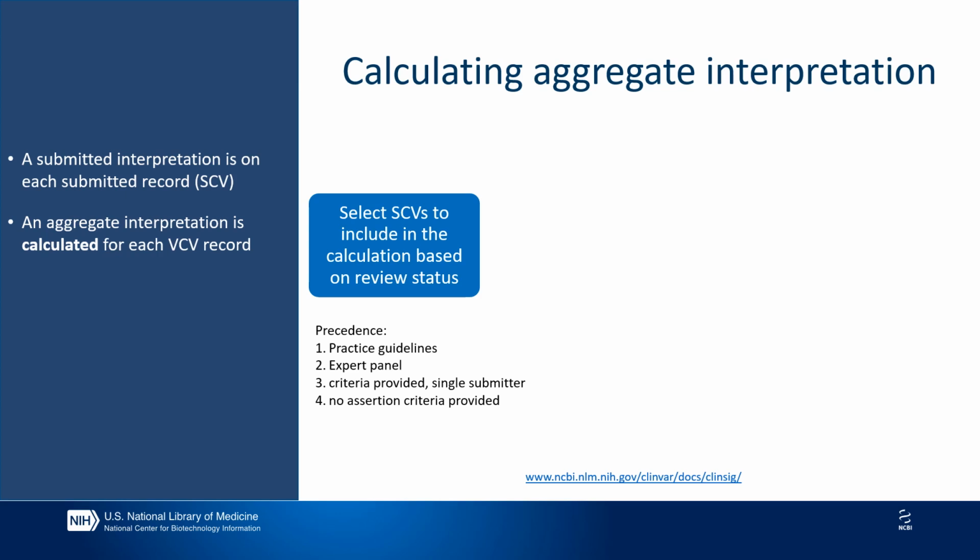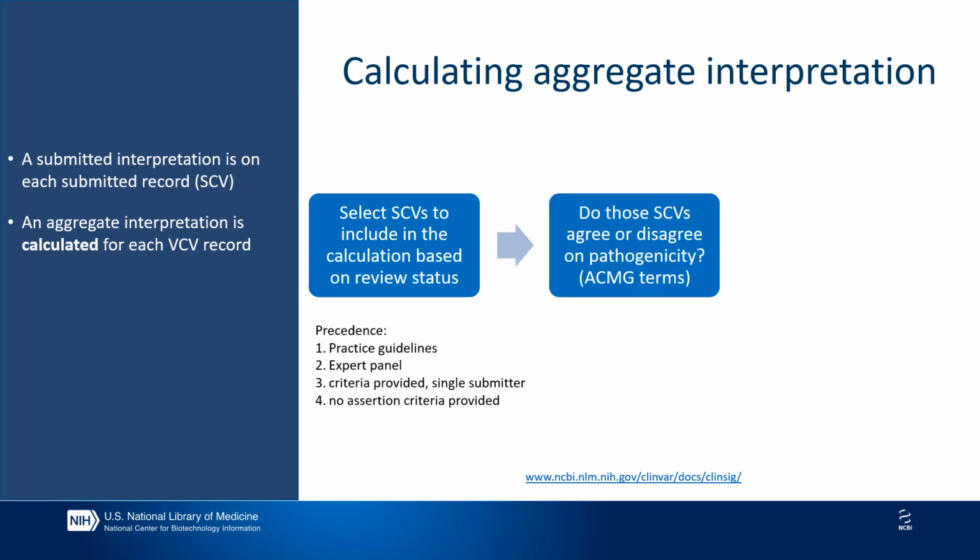If there's neither of those, we then look at submissions where the submitter provided their assertion criteria. And if we don't have any of those, we look at any other submission where the assertion criteria was not provided.